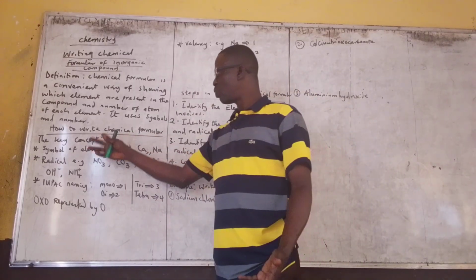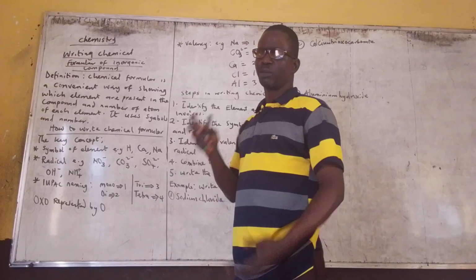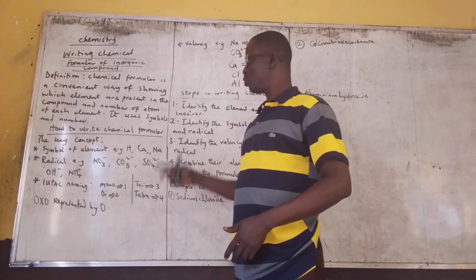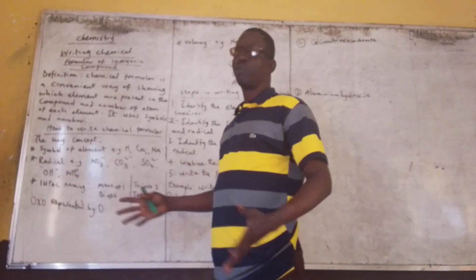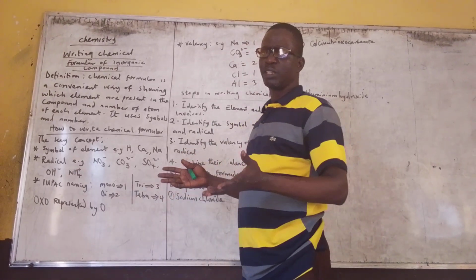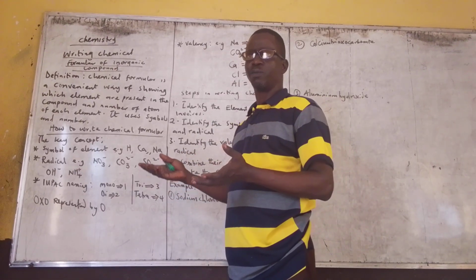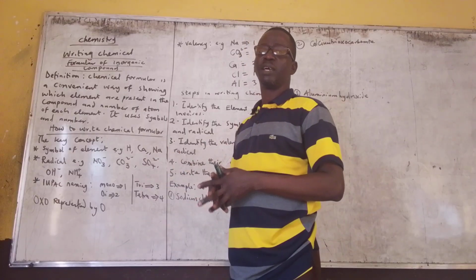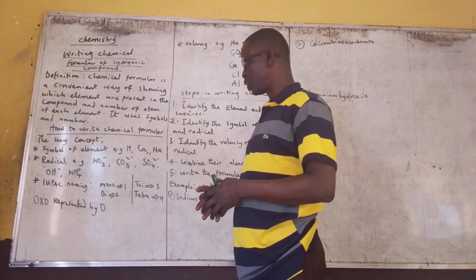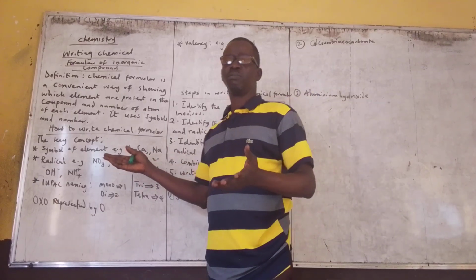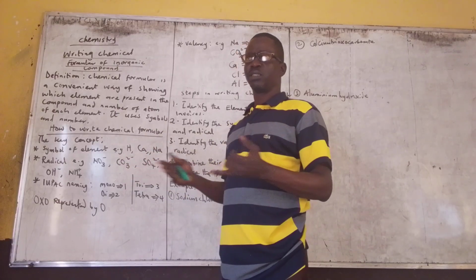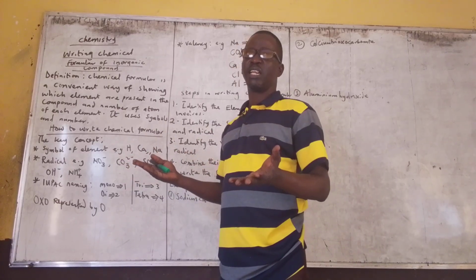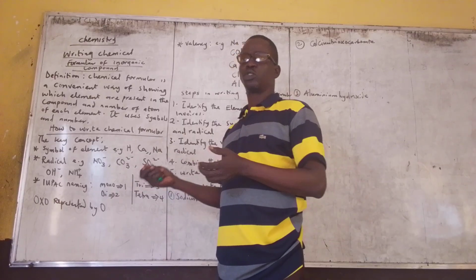So how do we write the chemical formula? There are some key concepts we need to know, which are the symbol of an element. The symbol of an element represents a convenient way of representing an atom of an element in a compound or in a chemical reaction. They are in letters. You can pick the first letter, and another letter, which is a small letter.